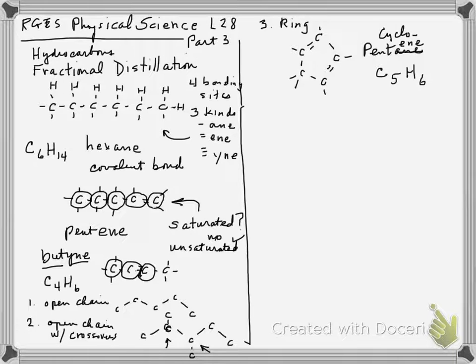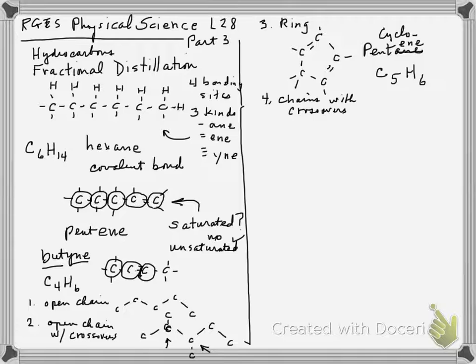That's cool. Now the last type of structure that carbons have, the 4th type, is called chains with crossovers. Okay, and so this is similar to that second one, which is a chain with crossover.